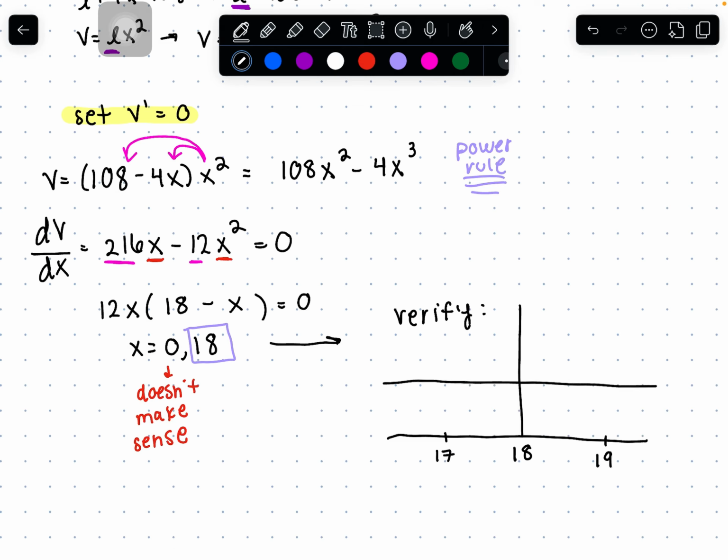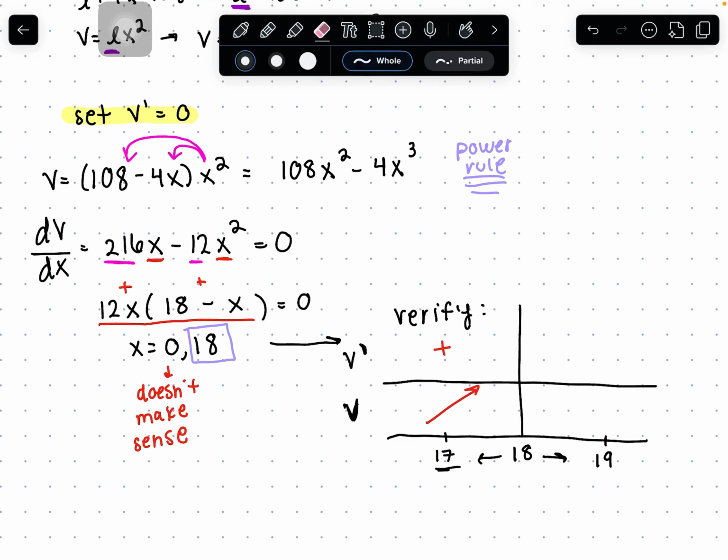So I'm going to plug these into my derivative, and then it'll tell me what's happening to volume as we go down or we go up, right? So if I plug 17 into this equation, I'm going to have positive times a positive. So that means my derivative is positive, and that means I'm increasing on v.